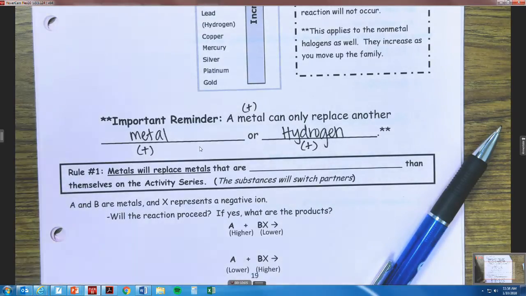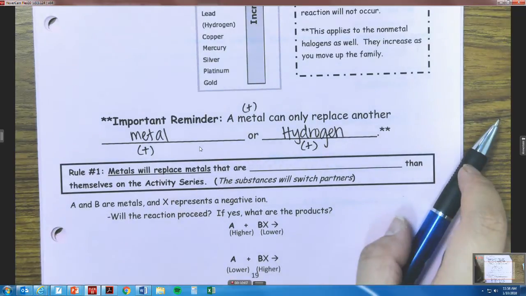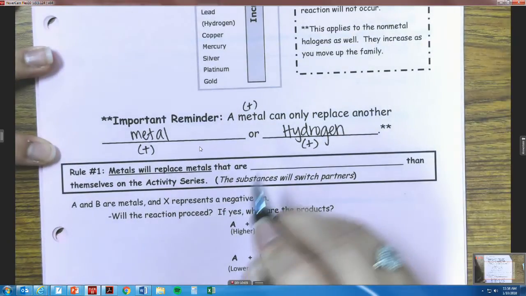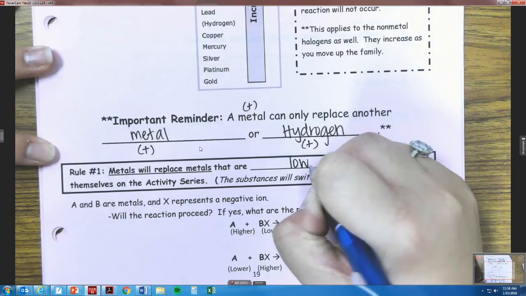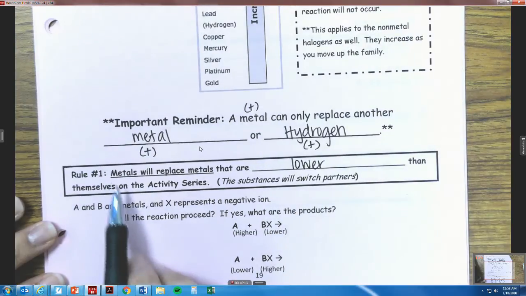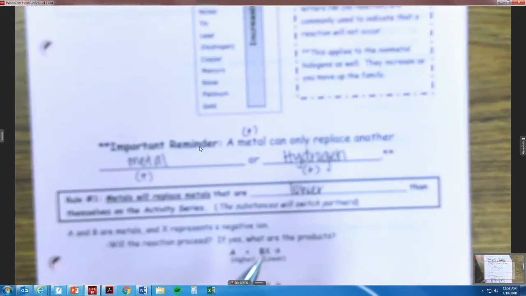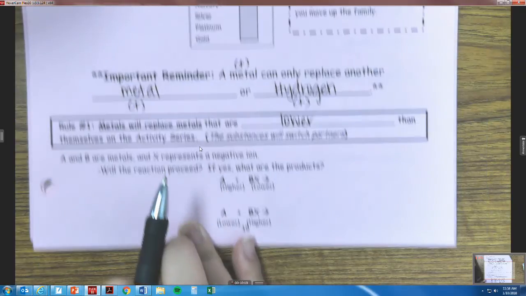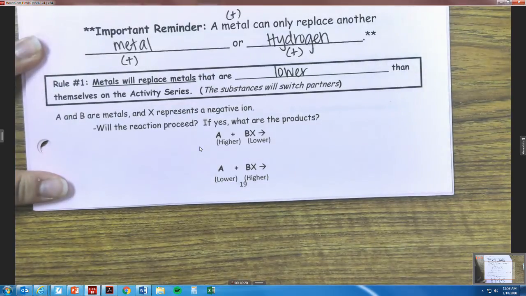Okay, see, I knew I was wrong. It's actually metals will replace metals that are lower than themselves. Because remember, one has to be higher than the other. So let's take a look at our examples.